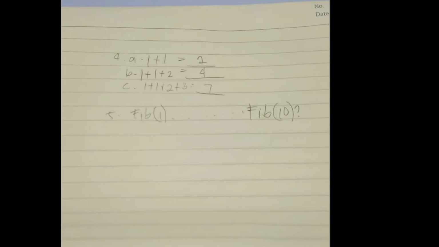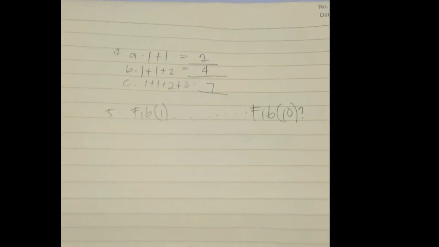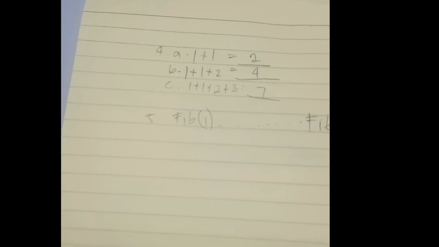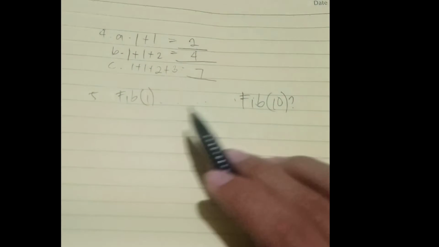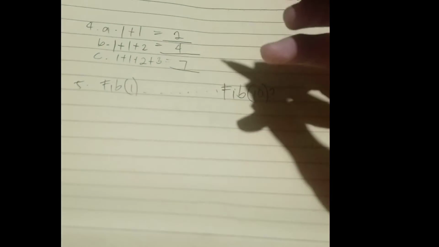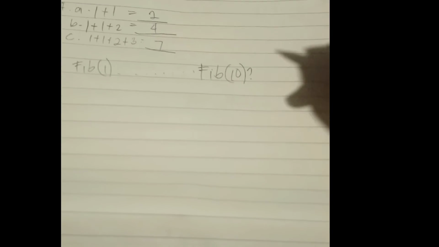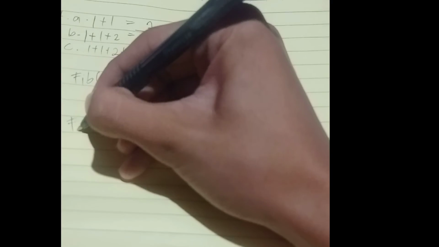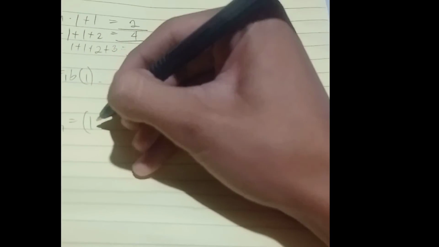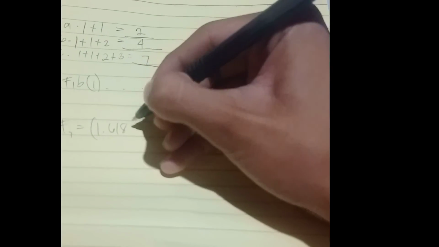The easiest way is that first you need to know the seventh term of the Fibonacci sequence. So what is the seventh term of the Fibonacci sequence? And we'll get it using the formula. F of 7 is equal to 1.6187.